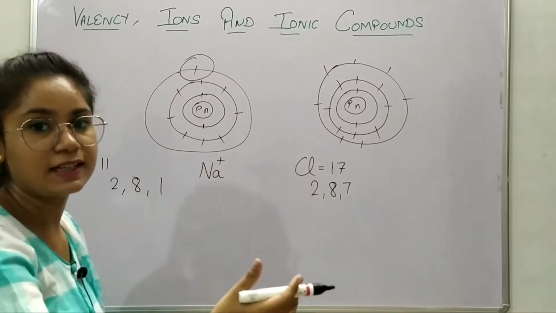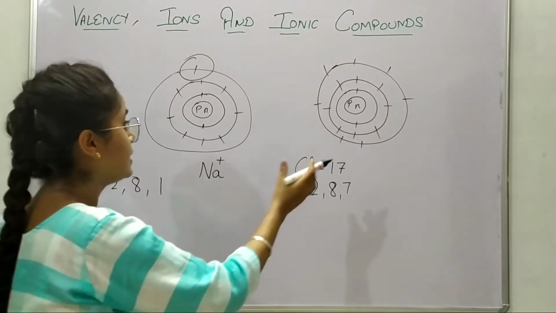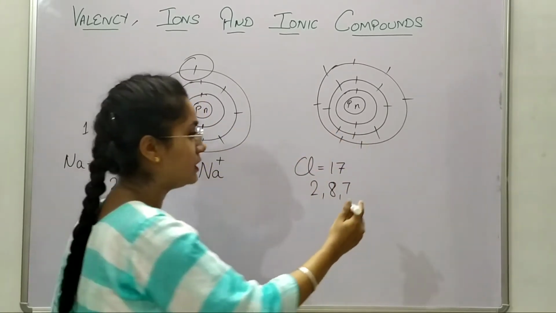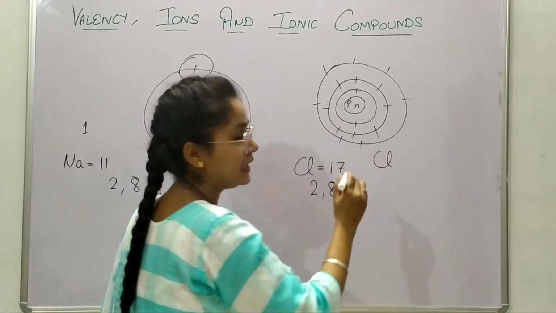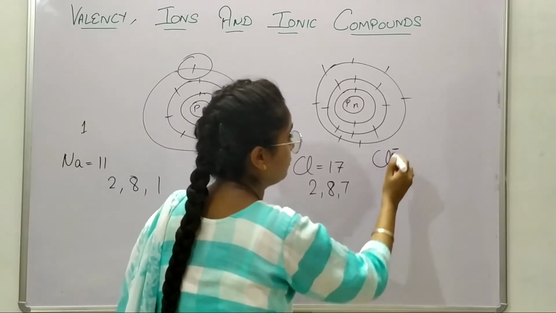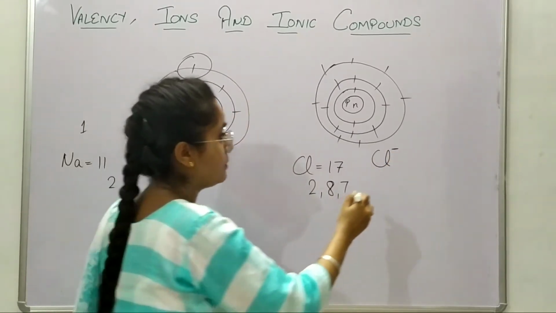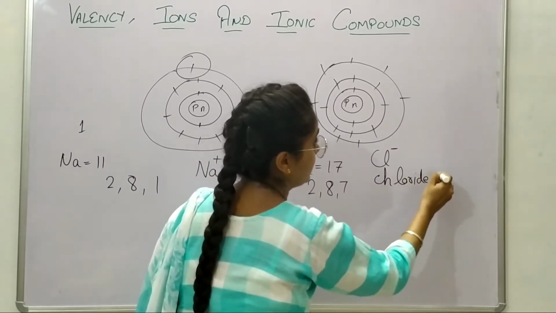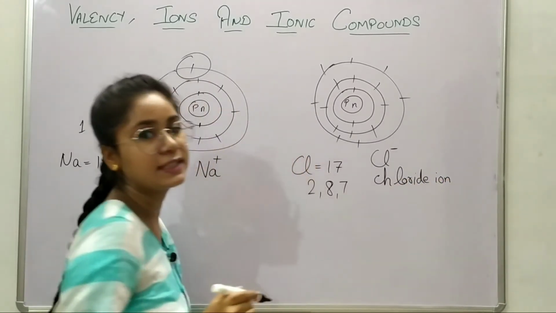Similarly, as chlorine is accepting an electron from someone, it would attain a charge of -1, and it will be named as chloride ion, not chlorine. Its name has been changed from chlorine to chloride ion.